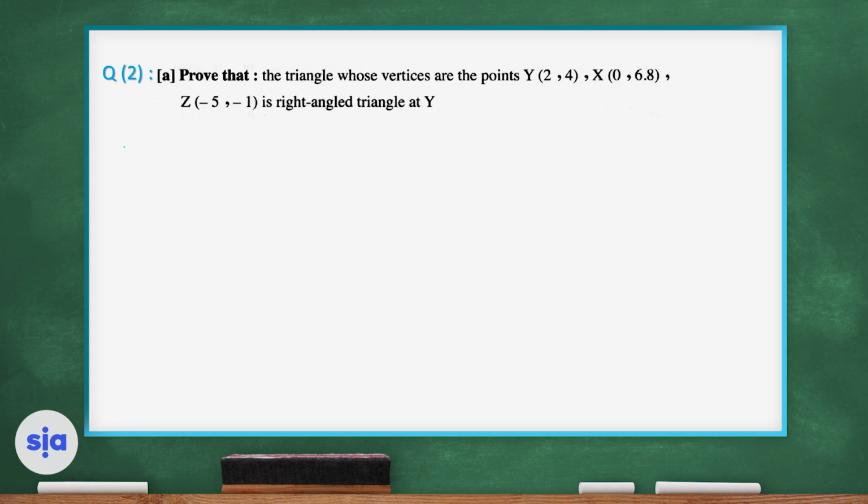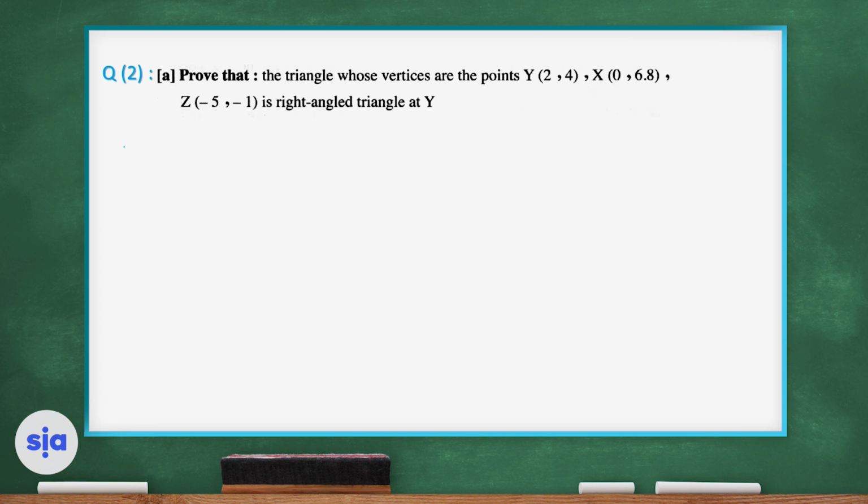If the longest side squared is greater than the sum of the other 2 sides squared, it's an obtuse triangle. If the longest side squared equals the sum of the other 2 sides squared, then it's a right triangle.